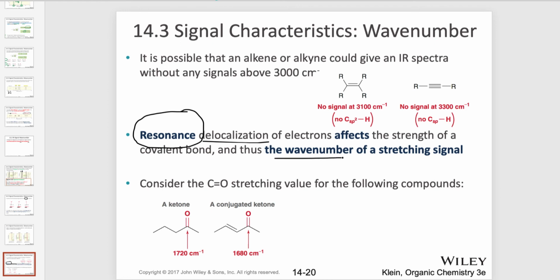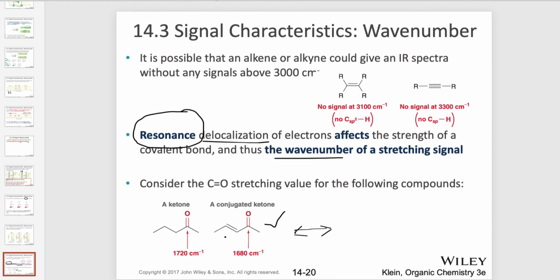Resonance is possible in this one, because we have a double, single, double bond, so you should go ahead and draw the possible resonance structures. Remember how we use a double-headed arrow to indicate this very special equilibrium between resonance forms.